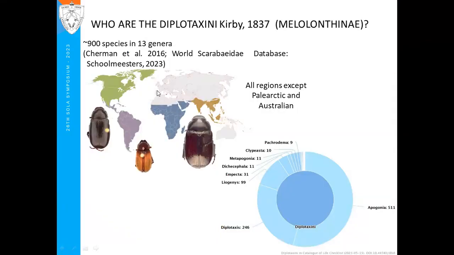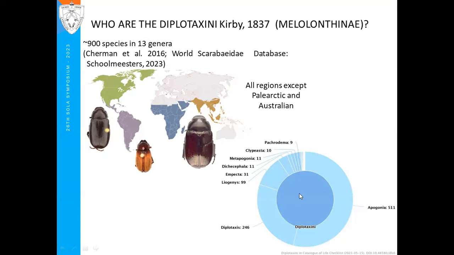First of all, I would like to introduce you to the tribe. Diplotaxini is a Melolonthinae tribe that consists of about 900 species distributed in 13 genera. This chart, which I extracted from the World Scarab database, shows the total richness of the tribe.